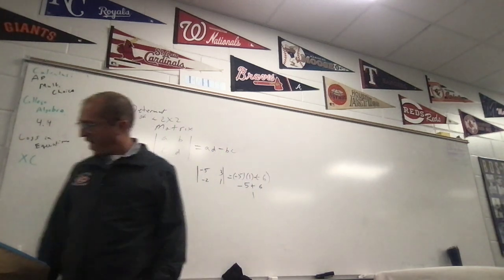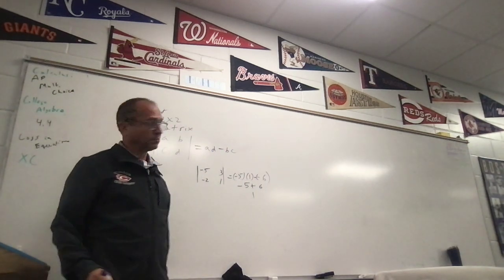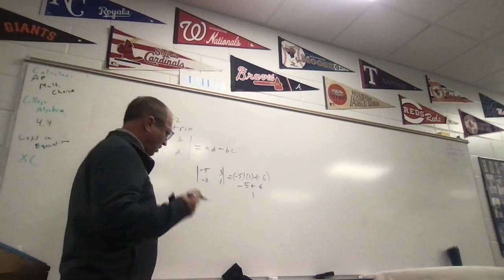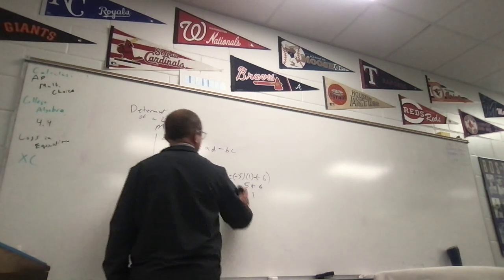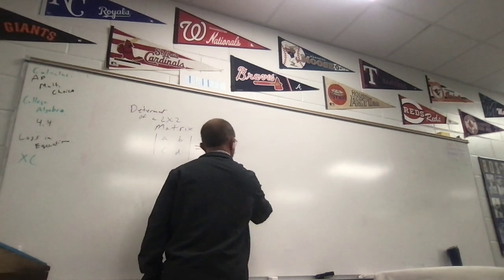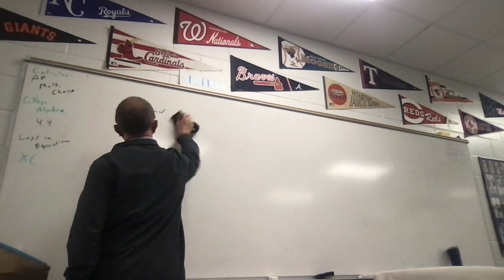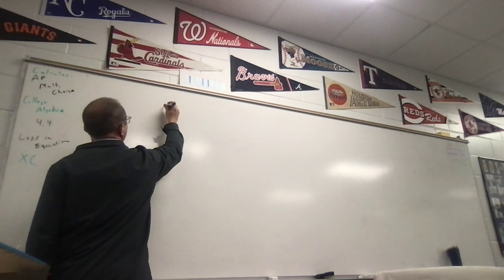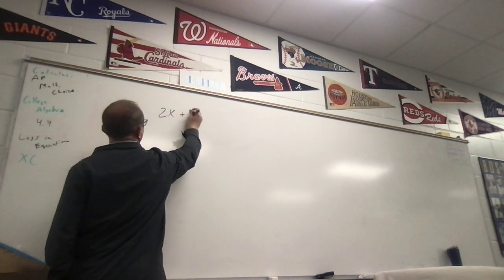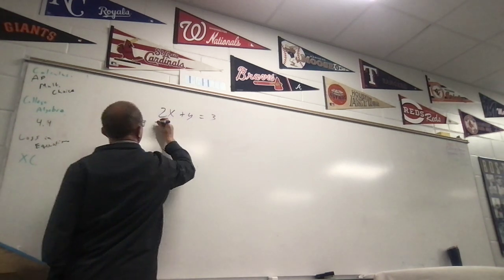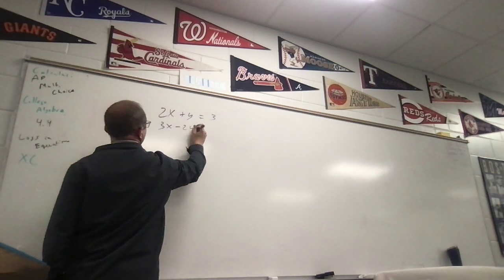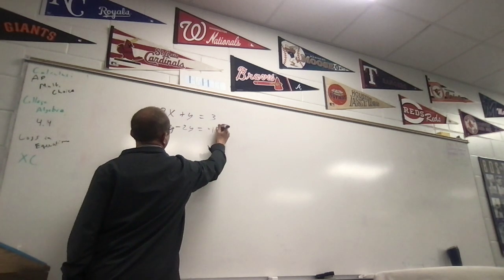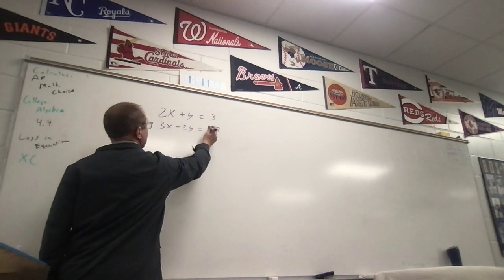So from that, let's go back to the same problem we've been solving. 2x plus y equals 3, and 3x minus 2y equals negative 13.